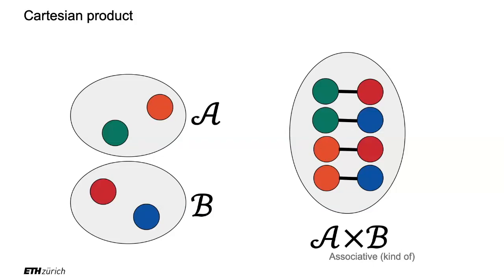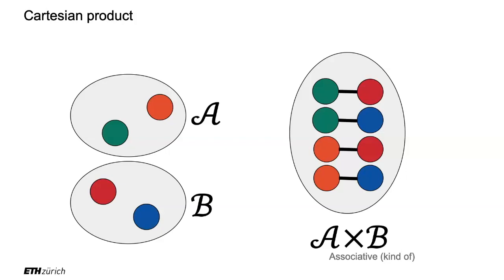In previous years, I said it's associative because it's kind of a natural thing to do as a database scientist. But of course, there was a purist mathematician who said, no, it's not associative. So now I say associative, kind of. Because technically, when you do the Cartesian product and again the Cartesian product, you might have some tuples in a tuple. It's again the inception thing, right? A tuple in a tuple in a tuple.